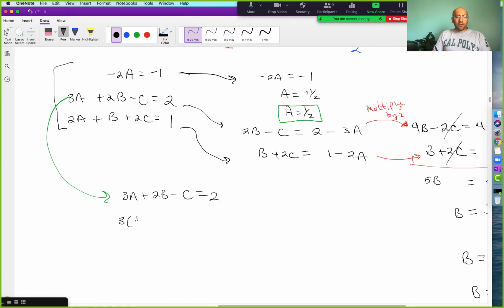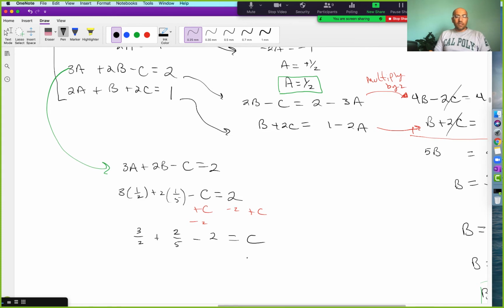And so 3 times a half plus 2 times 1/5 minus c equals 2. Let's add c and subtract 2 on both sides. So this is going to be 3 over 2 plus 2 over 5 minus 2 equals c.